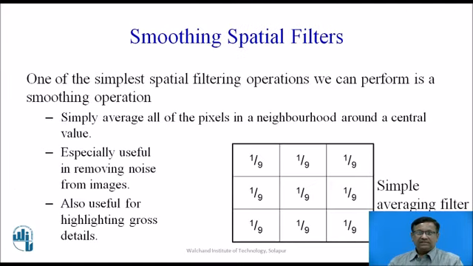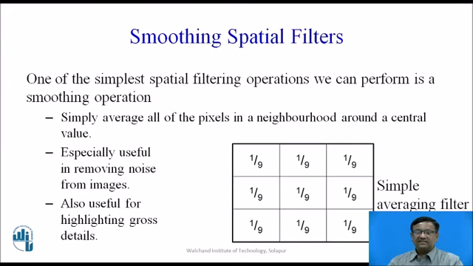Now we will see the first smoothing spatial filters. One of the simplest spatial filtering operations we can perform is the smoothing operation. Here we simply average all of the pixels in a neighborhood around a center value. It is especially useful in removing noise from images, and also useful for highlighting gross details.